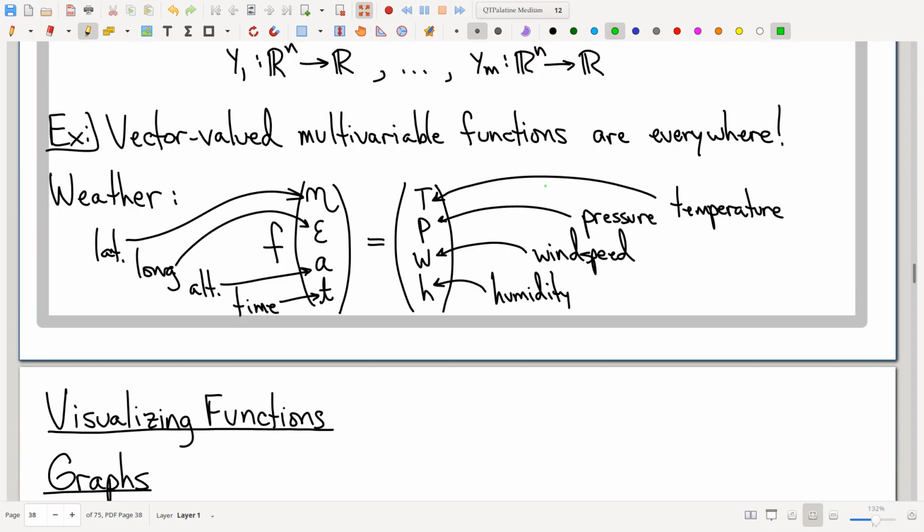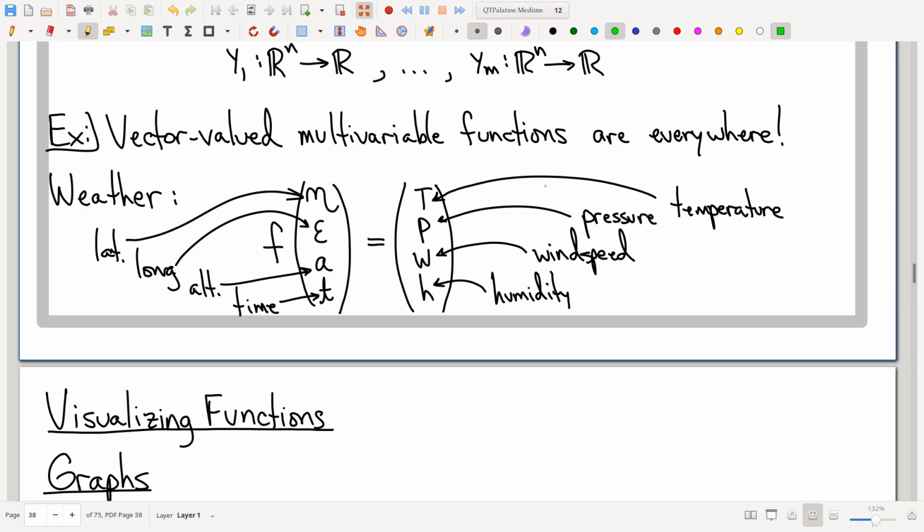We talk about multivariable vector valued functions, and it sounds like pretty abstract stuff. Ooh, multivariable vector valued functions. It sounds sophisticated, and who would ever encounter such a thing? Walking down the street, right? But in fact, it's not rare.